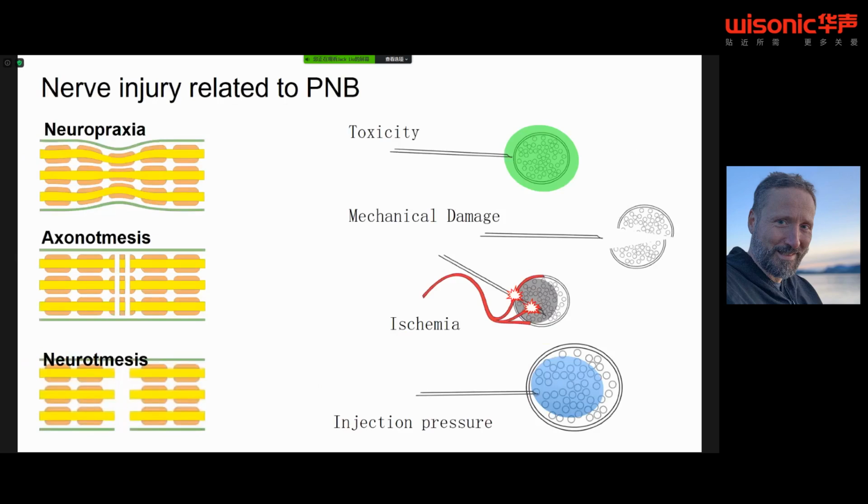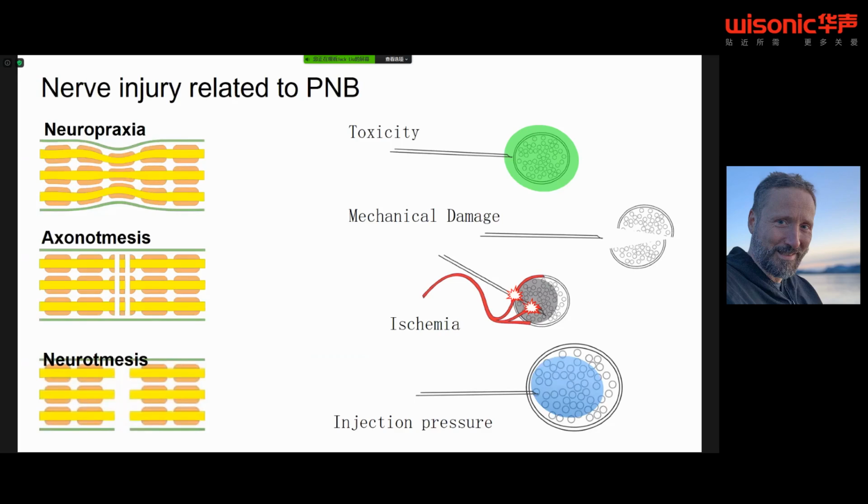We have to distinguish between the mechanisms for nerve damage. We can see toxicity: local anesthetics are nerve toxic, and some adjuvants can also be so. There is mechanical nerve damage, where we go with the needle into the nerve and destroy some of the vital structures. There might be ischemic mechanisms, where we interact with small vessels supplying the nerve with nutrition and oxygen.